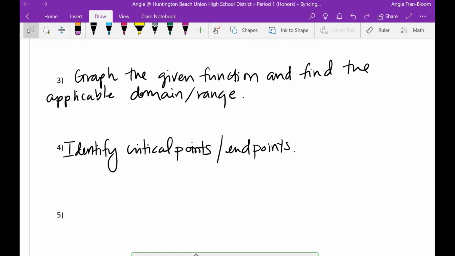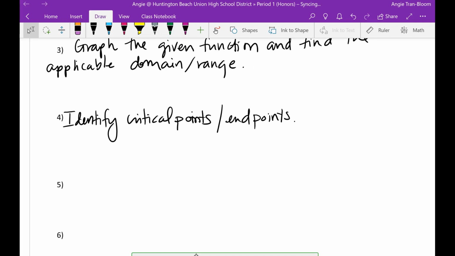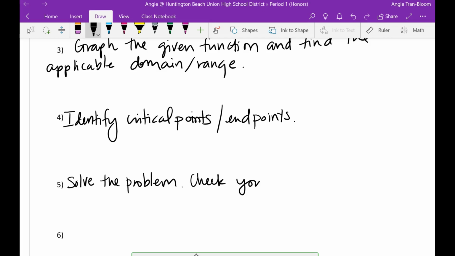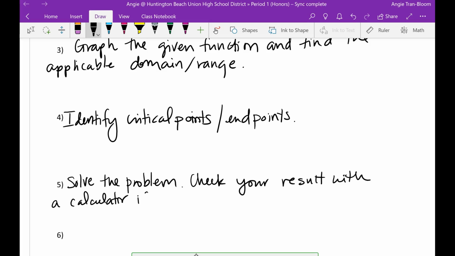Check your result with a graphing calculator if possible, or check it with another method, obviously if you have time. So solve the problem. Check your result with a calculator if possible. Also another method if possible.